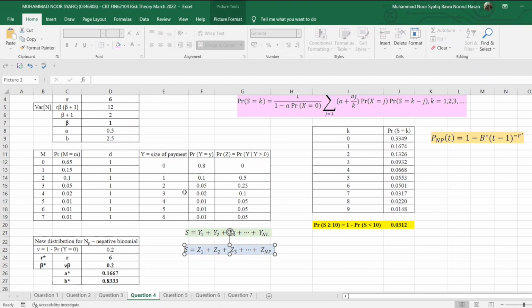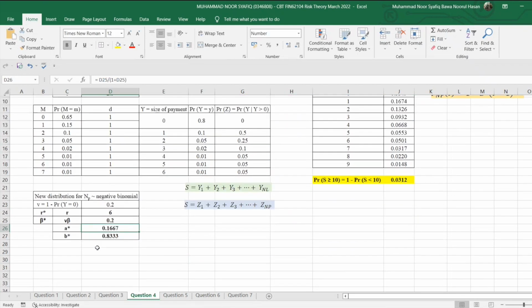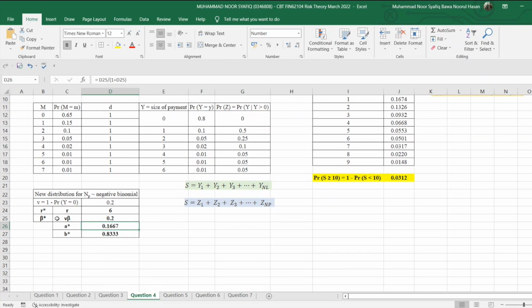So in NP, we will not include Y equals to 0 because it is a non-zero payment. So 1 minus probability Y equals to 0, we will have 0.2. So 0.2 is the value of v. And when we times with the beta, which is the original beta equals to 1, we will get 0.2 times 1 is 0.2.